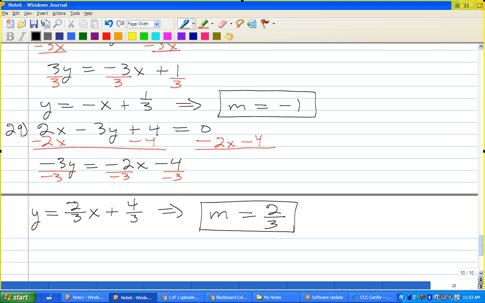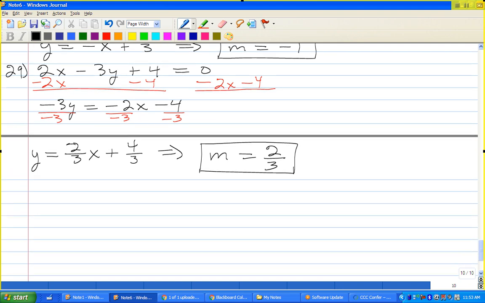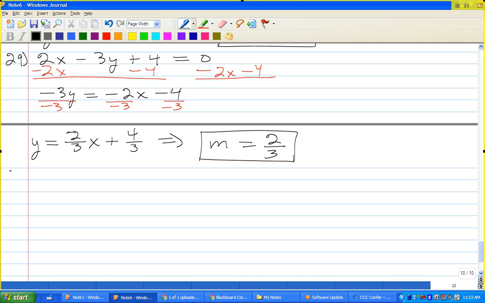Let me do problem 31. 2x plus 3y plus 5 equals 0. Subtract 2x and 5 from both sides of my equation.